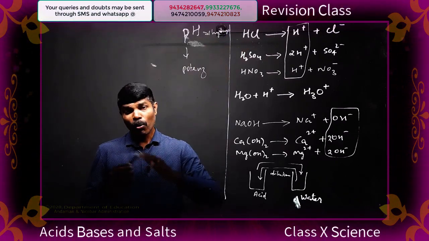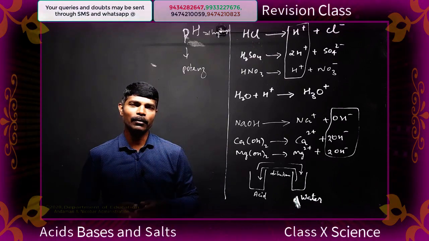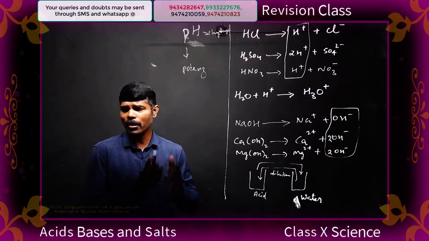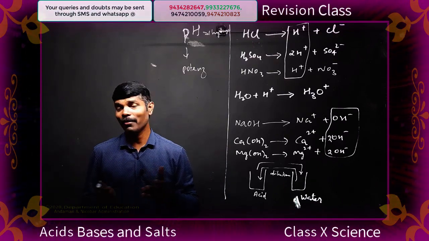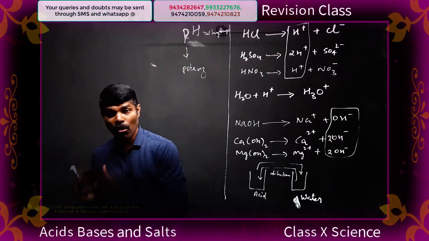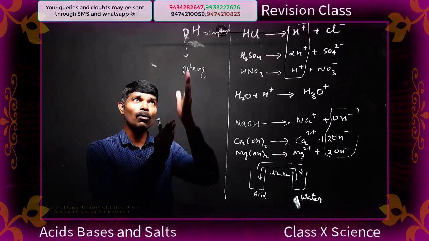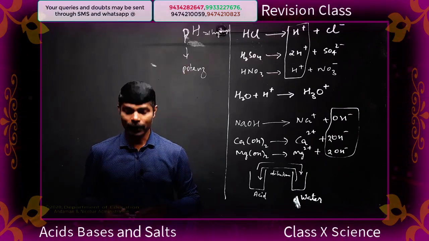If more hydrogen ion is present in an acid, then the strength of that acid will be more. If the concentration of hydrogen ion is less, then we can say that the acid is weak. So a strong or weak acid can be identified in terms of the concentration of hydrogen ion.